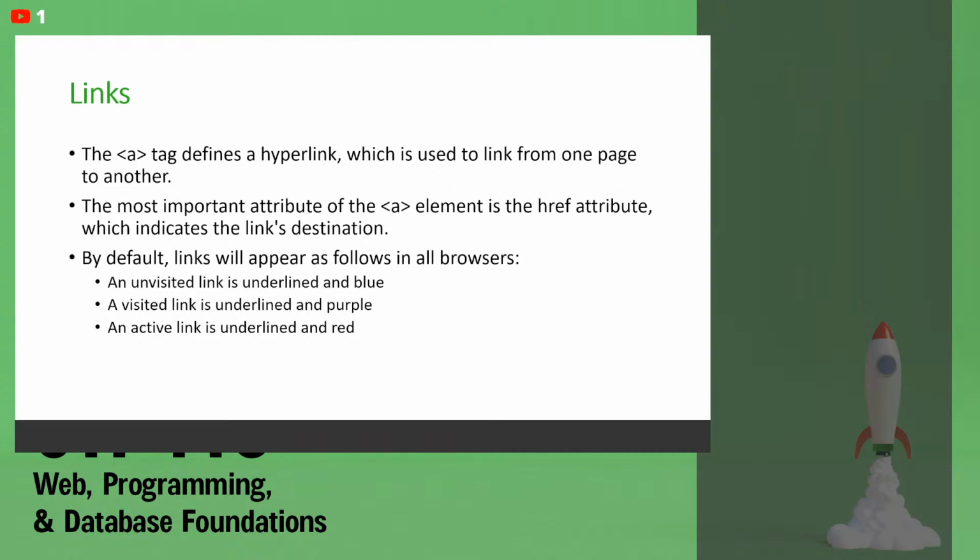Right? A visited link, or a link that you've already clicked on and went to that site, is underlined and purple in color. Right, so you've probably seen that before, right? After you've clicked a link on a page and then went back to that page, you might have noticed, hey, that link isn't blue anymore.